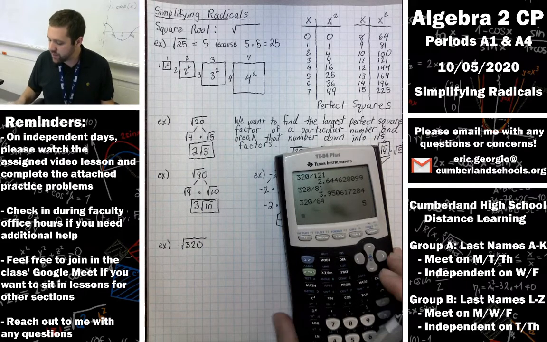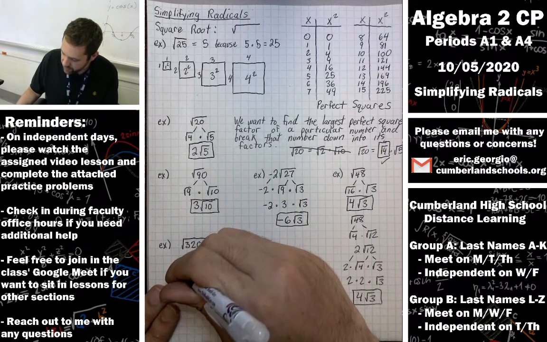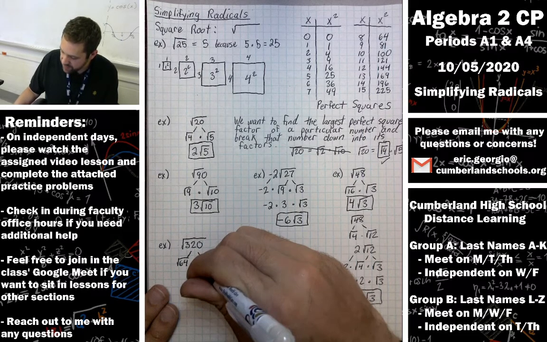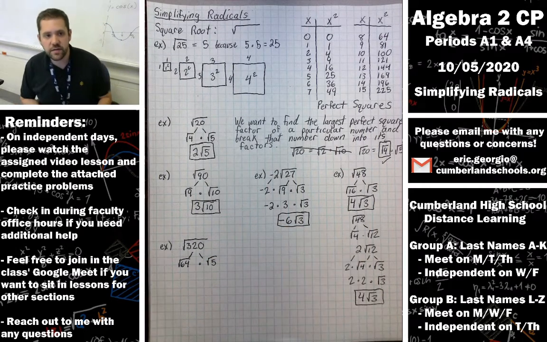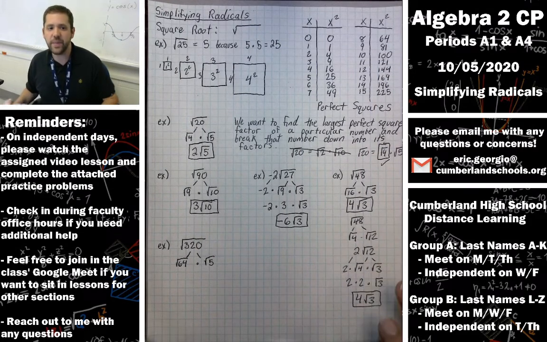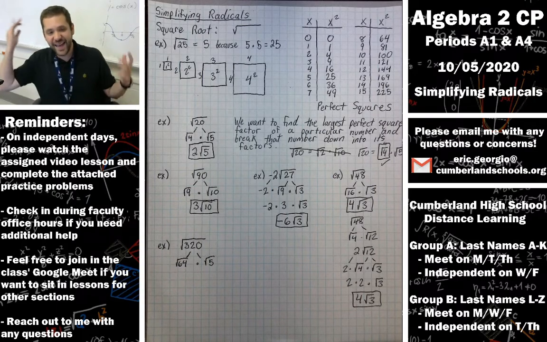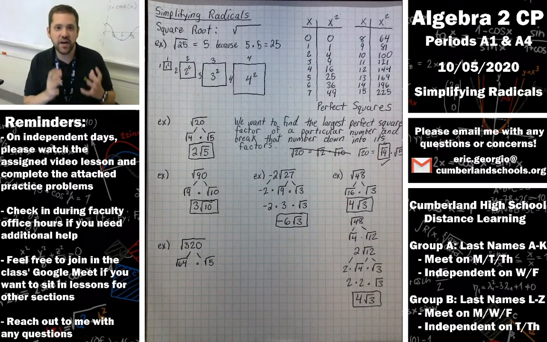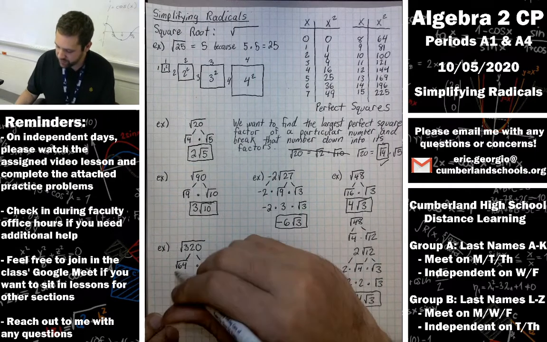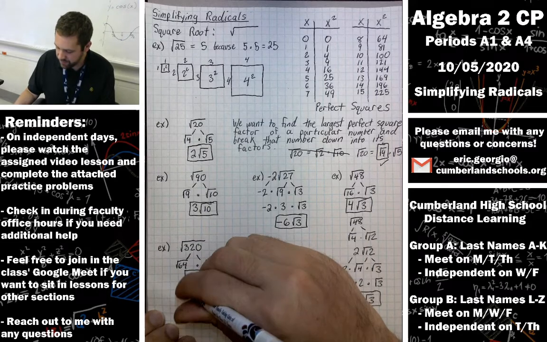So now we can break down the square root of 320 into the square root of 64 times the square root of 5. So that's how you can approach those larger numbers that you may not be super comfortable with, is you can use a calculator to figure out what is the biggest perfect square that does in fact divide evenly. Okay, square root of 64 is 8, so you can rewrite this as 8 rad 5.